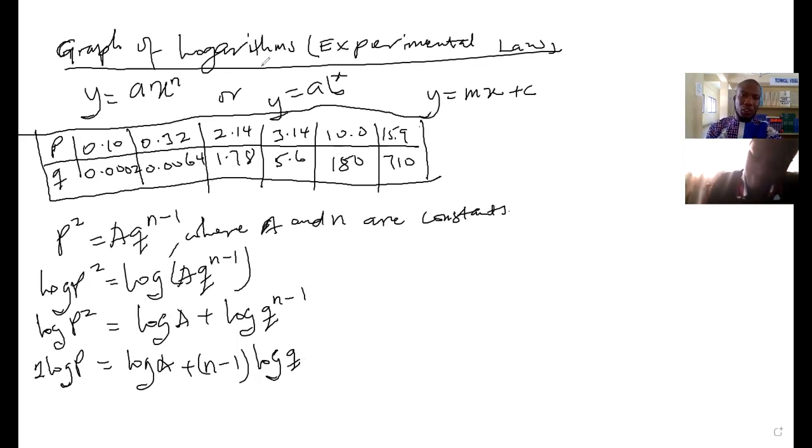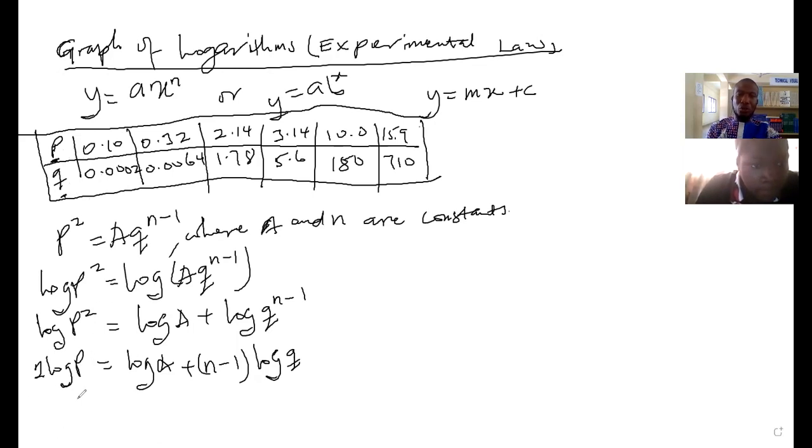Because of this P here, which we would like to make x on the linear graph, and then the Q here to make y on the linear graph, we have to let this log P stand alone.